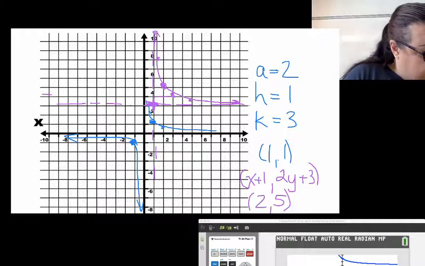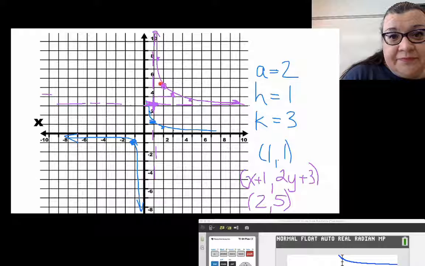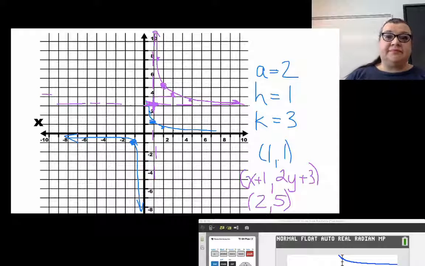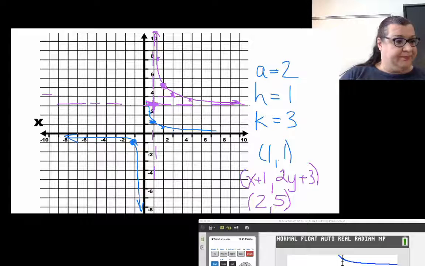So that's what I had. I had a point at 2, 5, that point right there. Right. So you can either view it that way, as I said, kind of just move your asymptotes and then graph according to the pattern, or use your mapping notation. Okay?